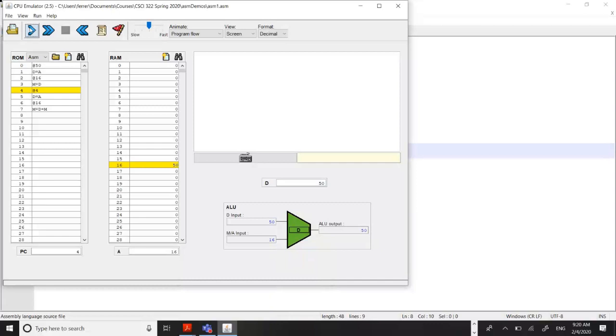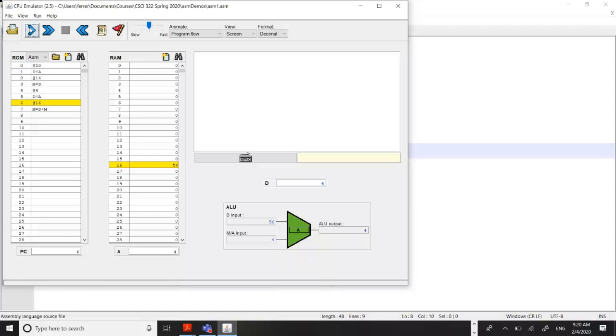So next I have @4. The only thing that changes is my A register is now a 4. D equals A. So my MA input is a 4. My D input is still a 50, but it doesn't matter because all I want out of the ALU is the A value, in other words, the Y input.